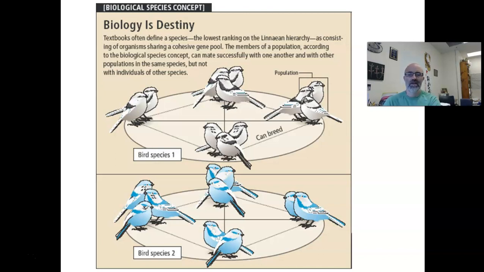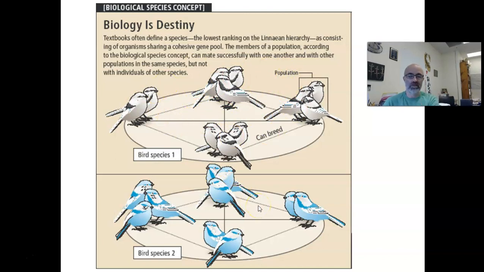That simply says that species are a cohesive gene pool. They are a group of organisms that share a gene pool, they can and do interbreed with each other, and therefore they are more genetically related to each other than they are to other such groups.